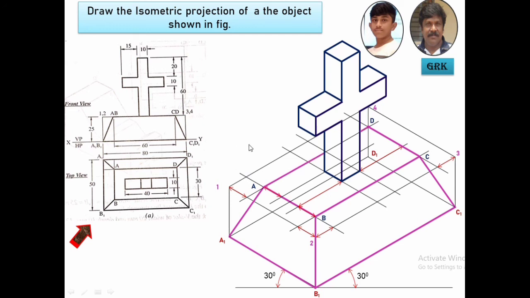Yes, this is the final isometric view of the given problem, that is, you have been given the top view and the front view, and this one we have made into a 3D model like this and call this isometric projection, because all measurements are being taken with respect to the ISO length.